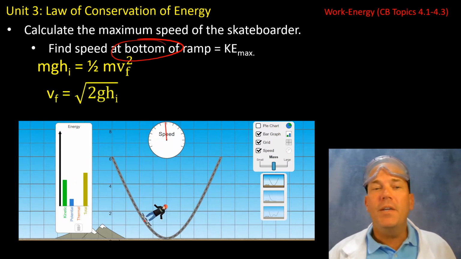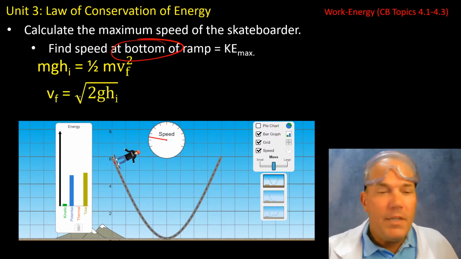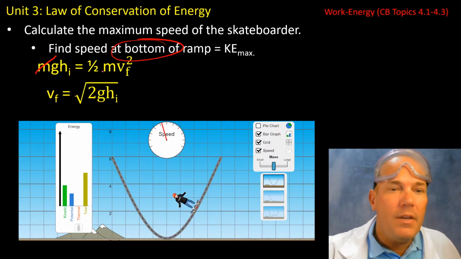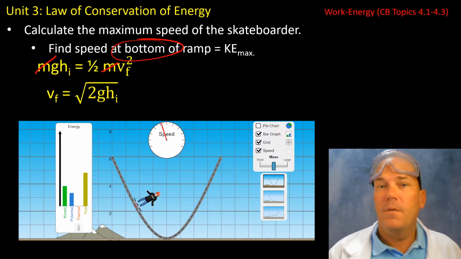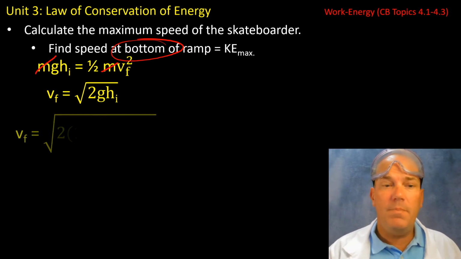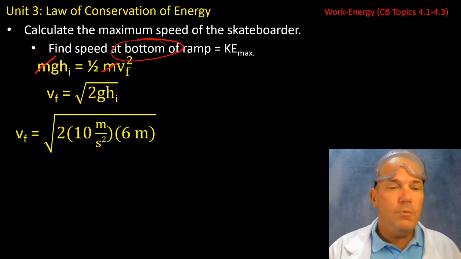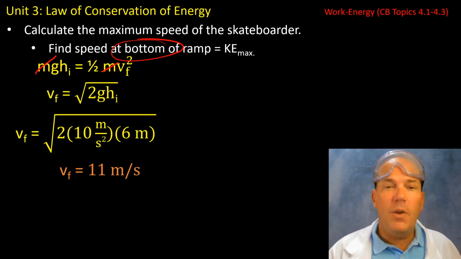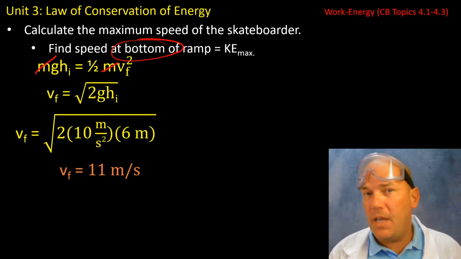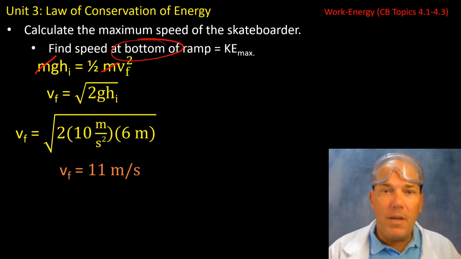So what we can do here, if we want, is we can say, oh, mass doesn't matter, cancel out mass, and we can solve for V final, and it's very simple. So if we take the square root of this quantity, we find out the skateboarder is going 11 meters per second at the bottom of the ramp.